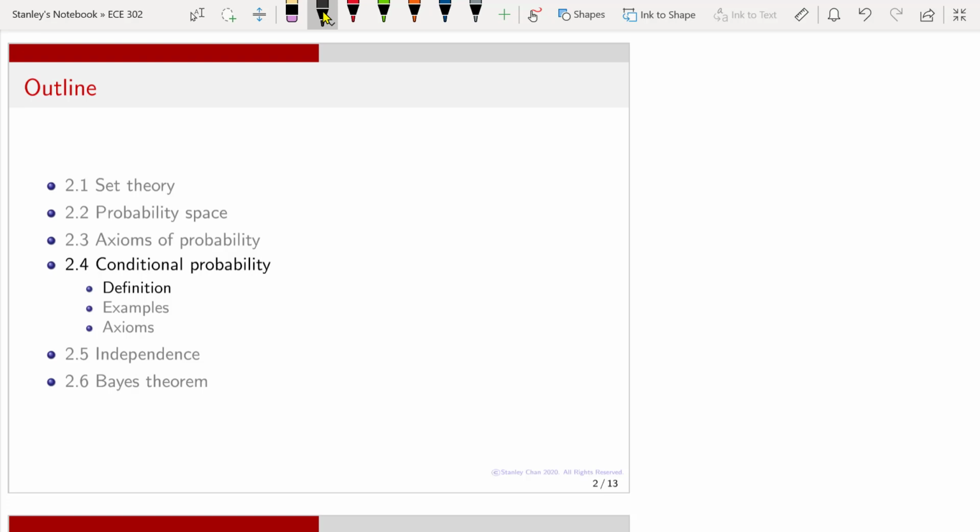These will also play a very important role in terms of understanding the conditional probability. So in today's lecture, we are going to learn the basics about conditional probability. And then in the coming two lectures, after we have learned the Bayes' theorem, we will be able to solve a very broad set of problems. So without further ado, let's talk about the definition of conditional probability.